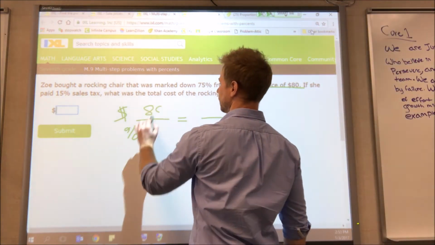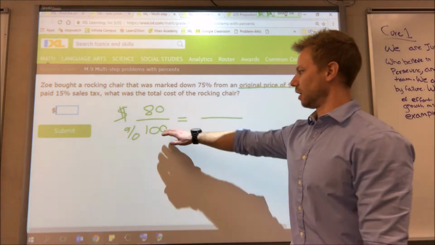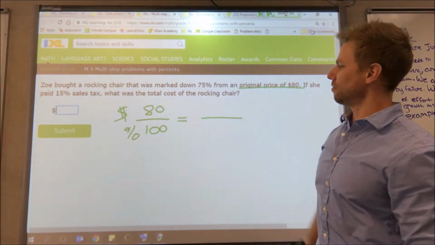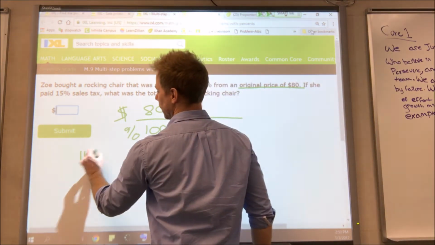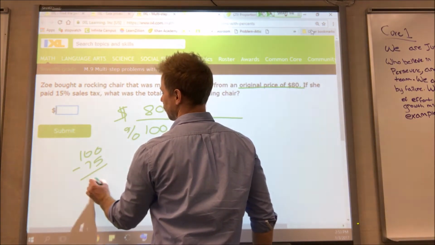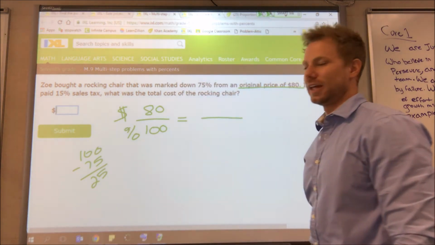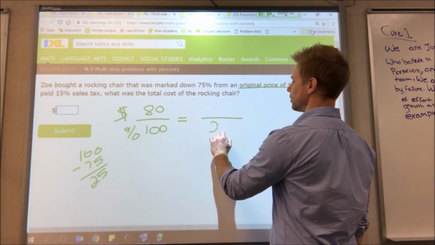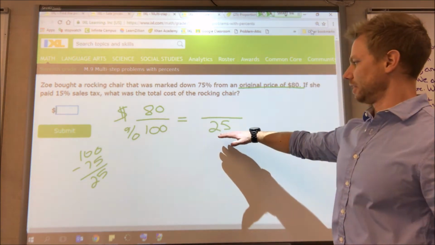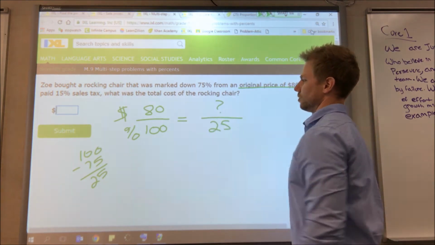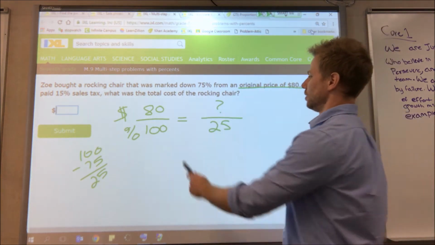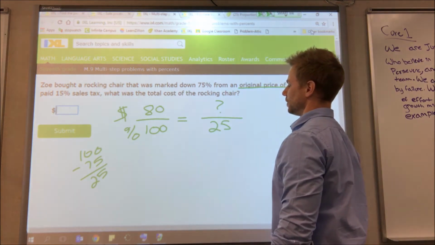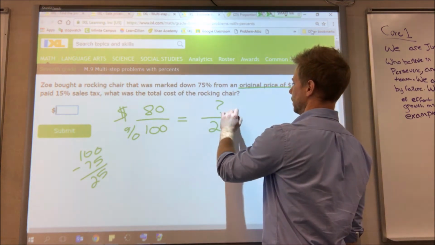So the 80 is 100%, because 100 always goes with the original price. It's marked down 75%. So 100%, which is a total, minus 75, leaves us with 25%. That means she only paid 25% of the original price. So we'll put 25 on the other side to figure out how much she actually paid for the item. So 80 times 25 divided by 100 turns out to be 20.